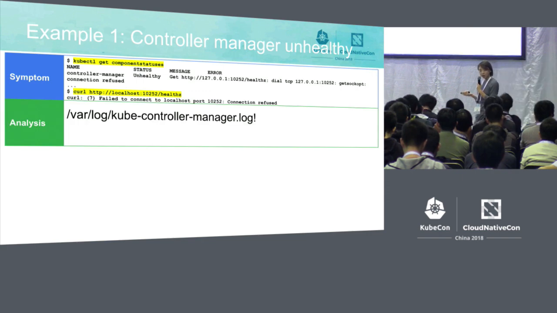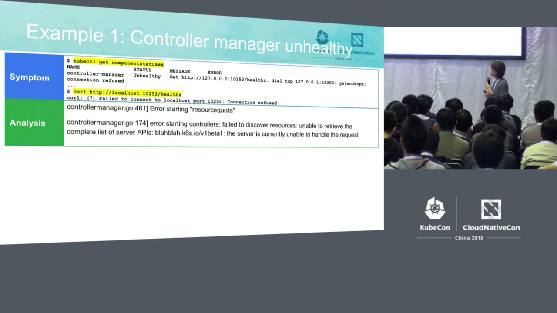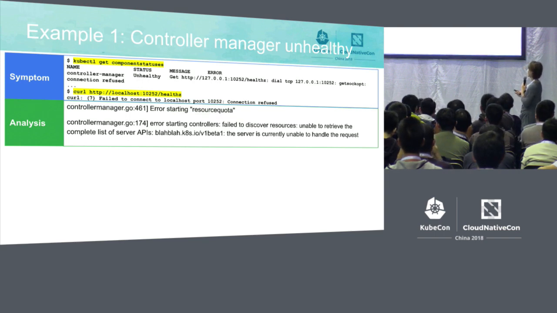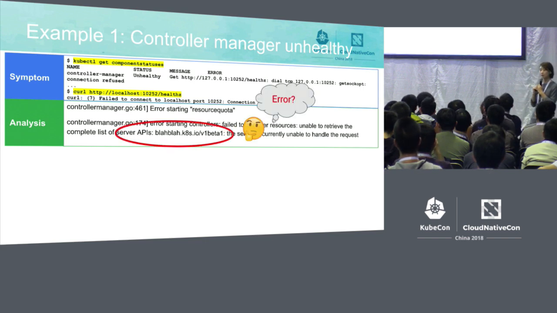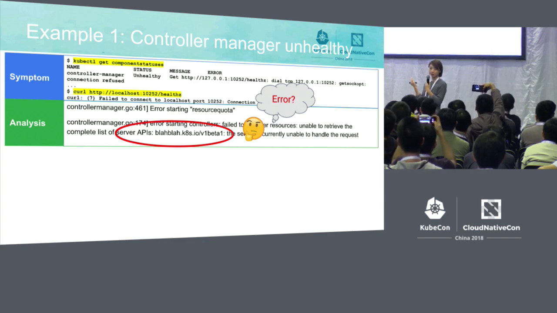And you know what? We can actually check the controller manager log. If you don't already know that, each component has its own log. And it turned out that the controller manager crashed because there is an error starting this resource quota controller. And you keep reading. There is something suspicious. This blah blah thing might have some issue with it.